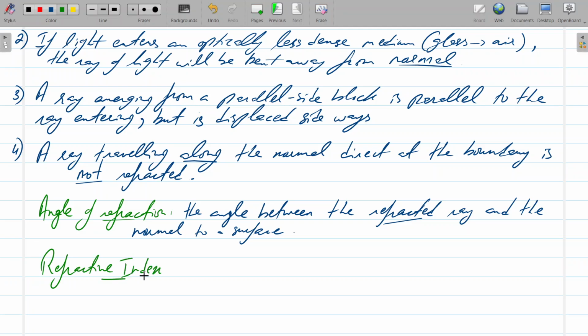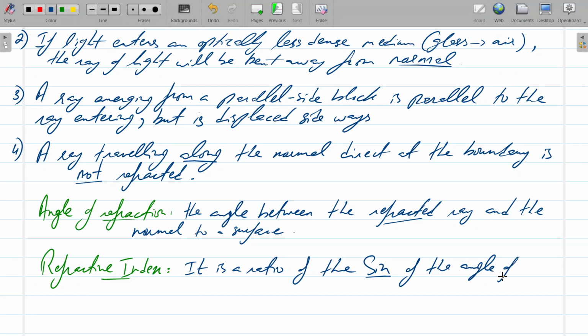The refractive index of different media is calculated, and what that basically is, it is the ratio of the sine, a trigonometric function, of the angle of incidence to the sine of the angle of refraction.